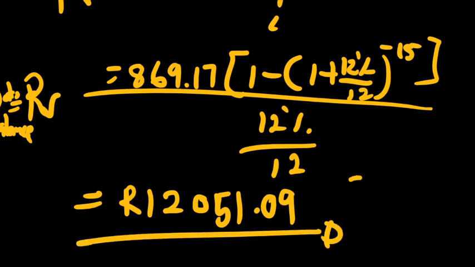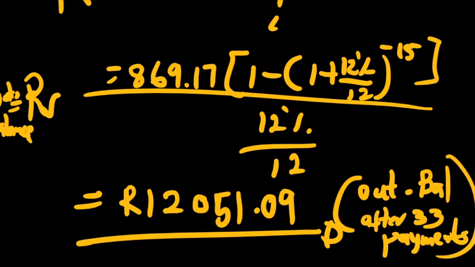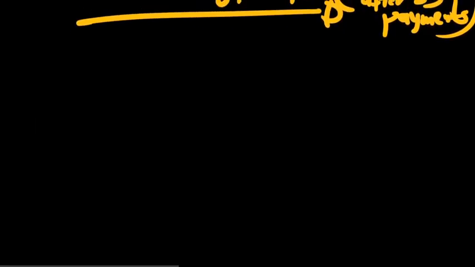So this is the outstanding balance after 33 payments made into your account, right? So that is how we identify the monthly payments and the outstanding balance of a loan, right?